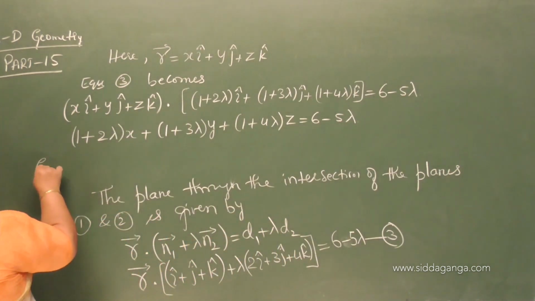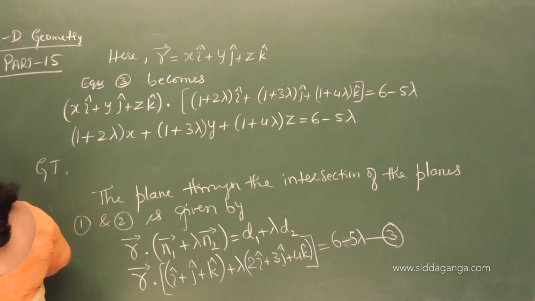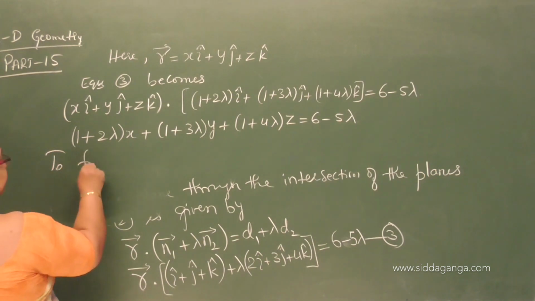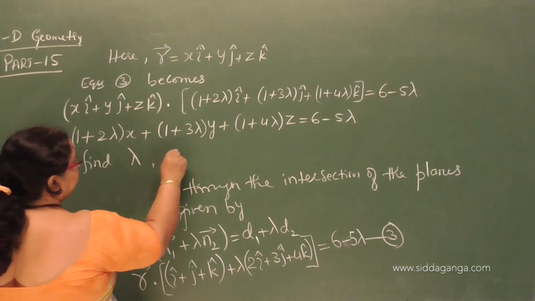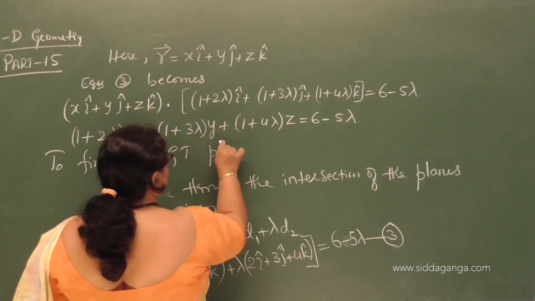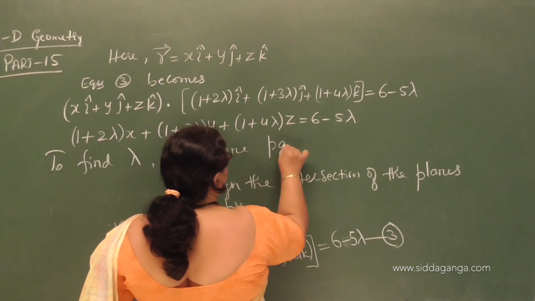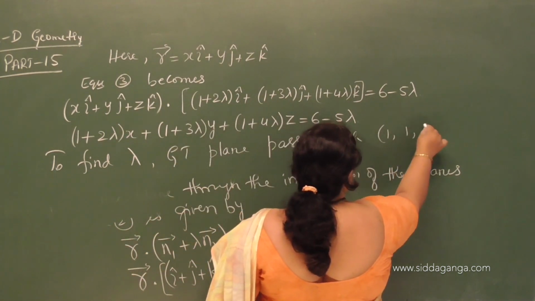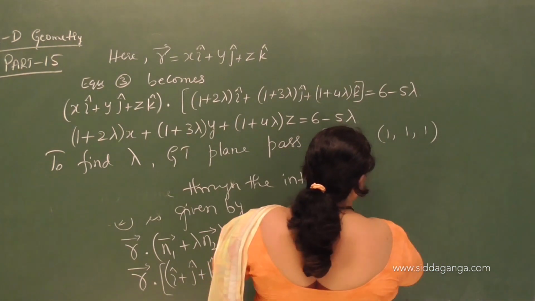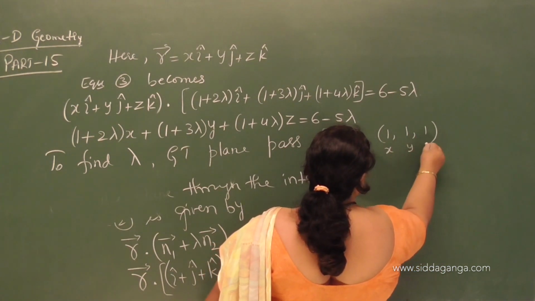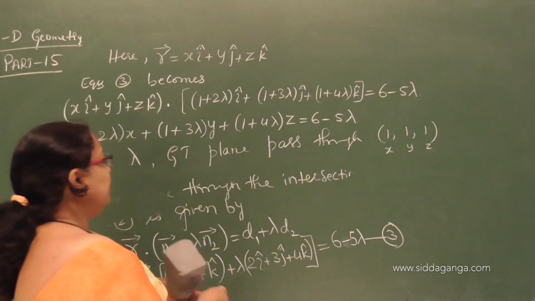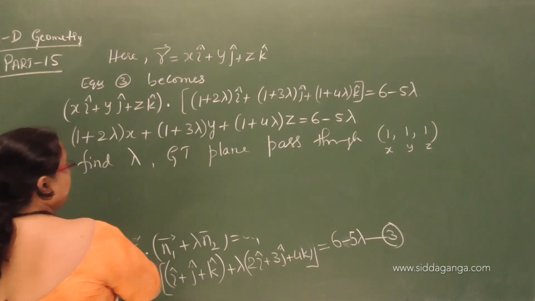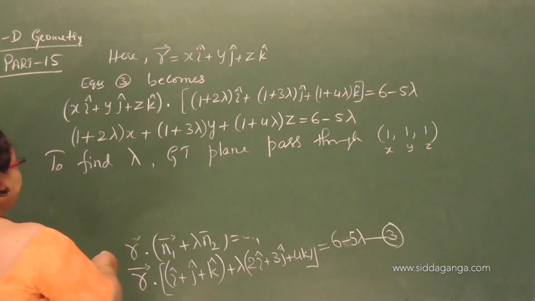To find lambda, given that the plane passes through the point 1, 1, 1, put 1 in place of x, 1 in place of y, 1 in place of z and simplify. So now you find the value of lambda.